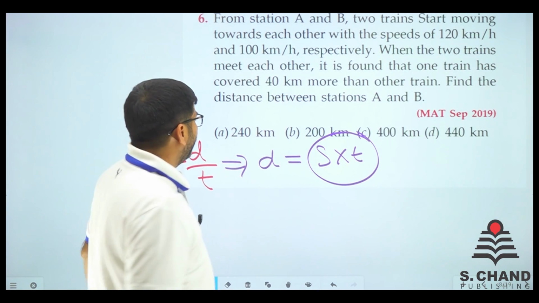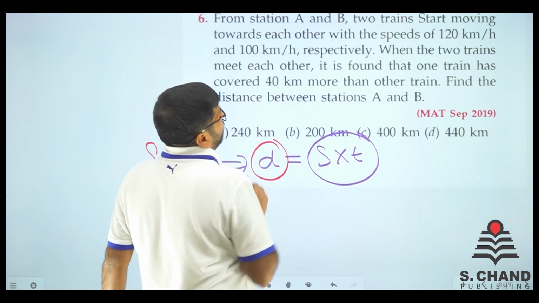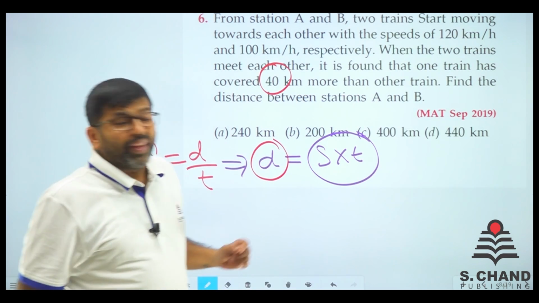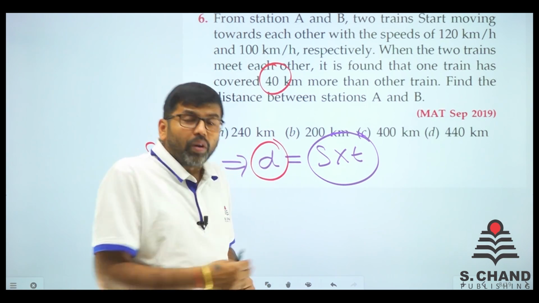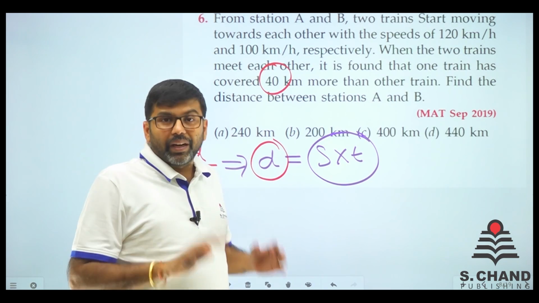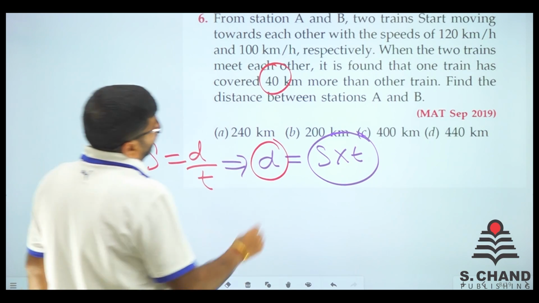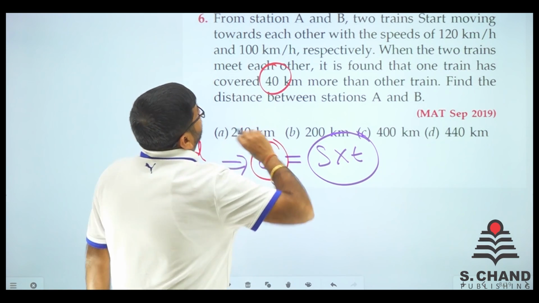Now see this. This 40 kilometer is the distance more covered by the bigger train. Bigger train means the faster train. So distance is equal to speed into time.